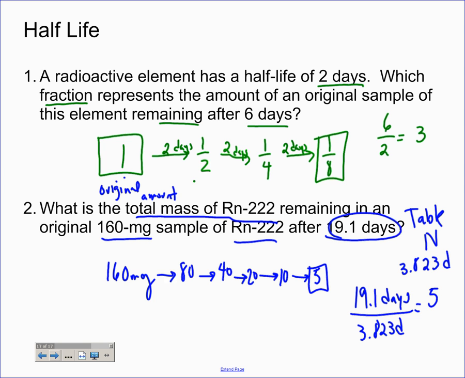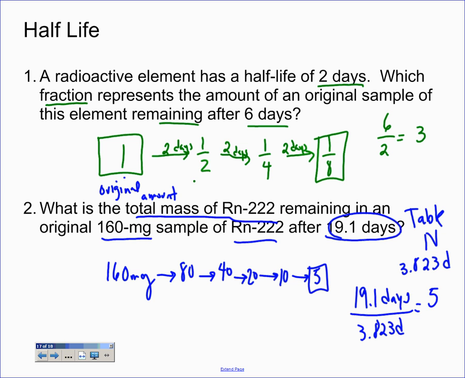So the total mass remaining in an original 160 milligram sample after 19.1 days, if 5 half-lives have gone by, 1, 2, 3, 4, 5, starting with 160, we should end up with 5 milligrams.